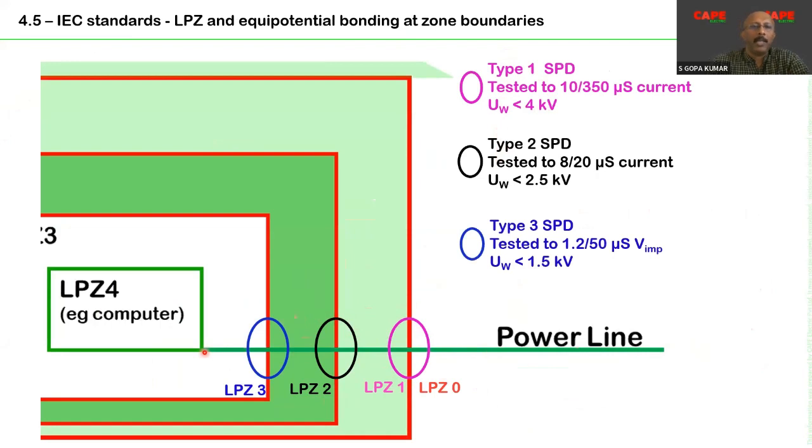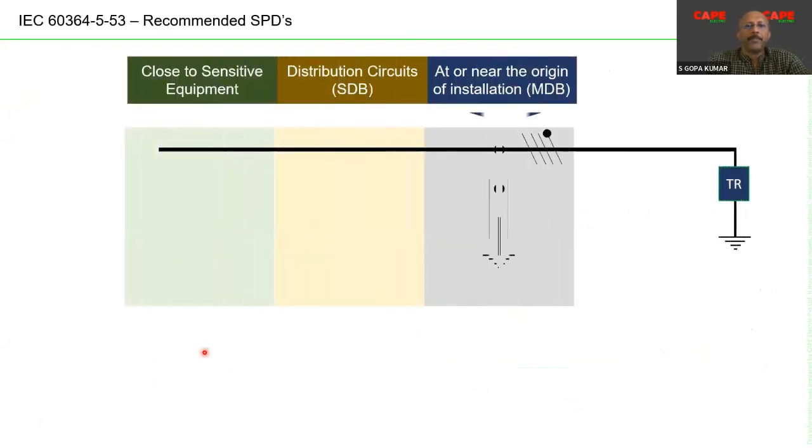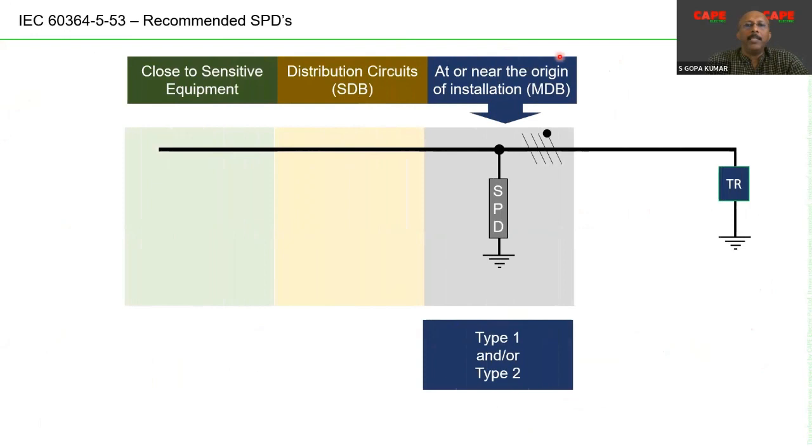That means the building is classified into several steps and the lightning threat is reduced in several steps. In a power line, for example, at the main distribution board, at the origin of installation, whatever SPD we are using. Now, in the figure, you have a transformer, and a line coming from the transformer, the three-phase and the neutral, going up to the last equipment. You have SPDs at or near the origin of installation, at distribution circuits, and close to sensitive equipment. The first is at the origin of installation, where you connect an SPD.